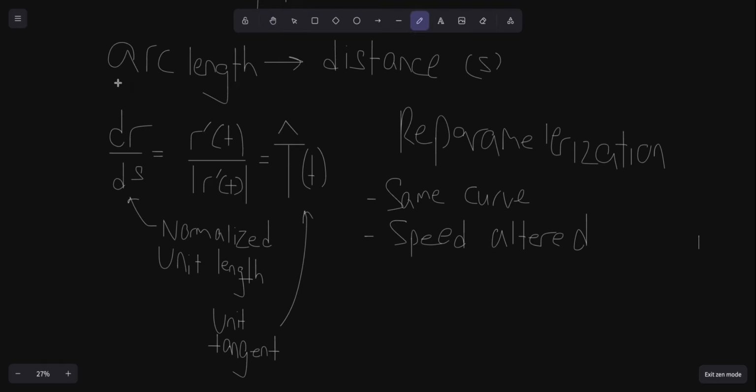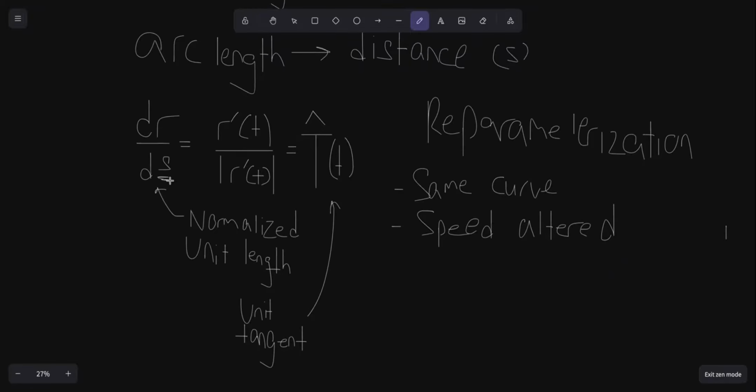Looking at arc length is literally the same thing as looking at a certain distance that we traveled. And we saw the proof that the unit tangent vector is equal to our velocity divided by the magnitude of the velocity, aka the speed. You can think about this magnitude of the velocity as a normalizing of our velocity vector function. So that's why we get a unit vector as the result.